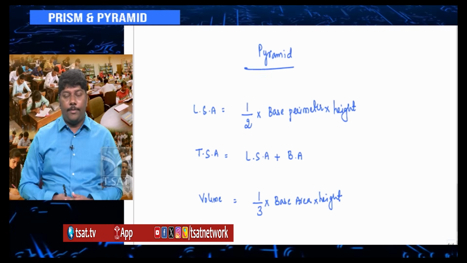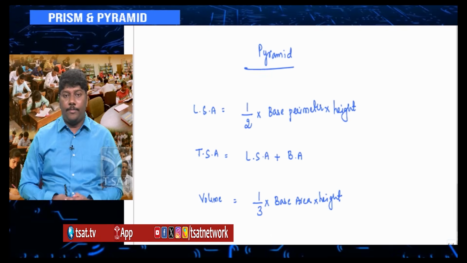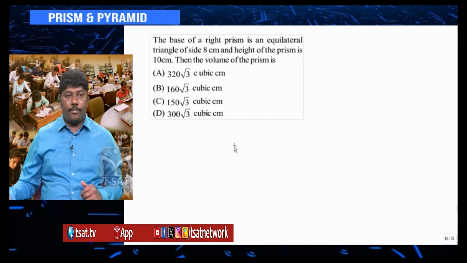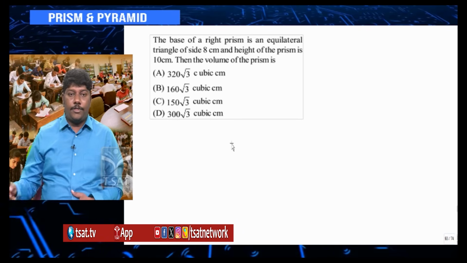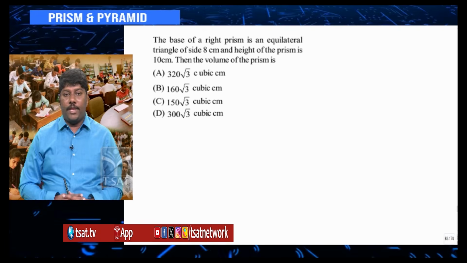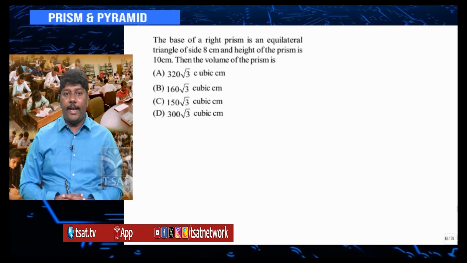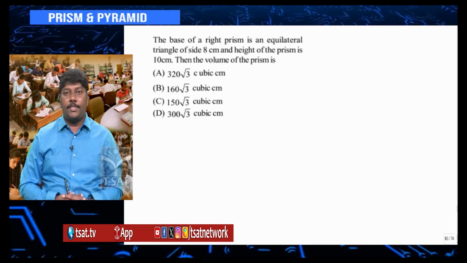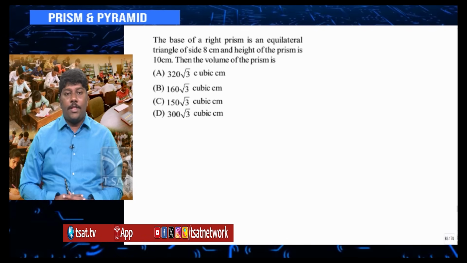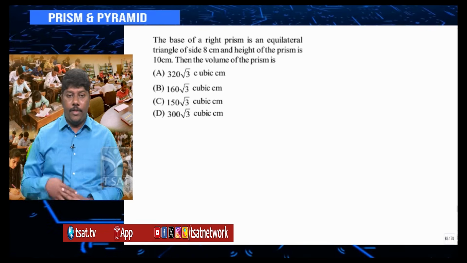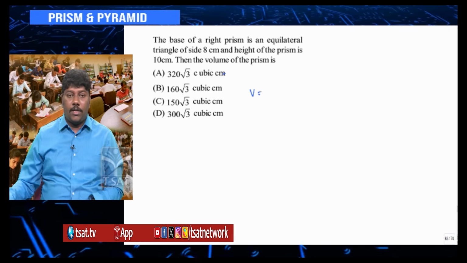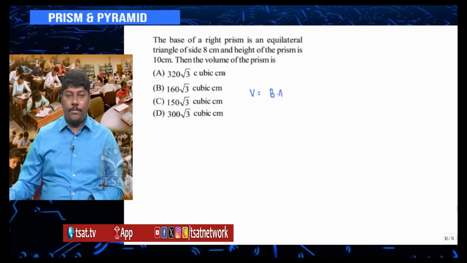Now, let us first look at the problems based on the prism, then we will come to the pyramid. Look at the first question based on the prism. The base of a right prism is an equilateral triangle of side 8 centimeters and the height of the prism is 10 centimeters. Find the volume of the prism. First of all, the base is an equilateral triangle. The volume of the prism is base area into height.